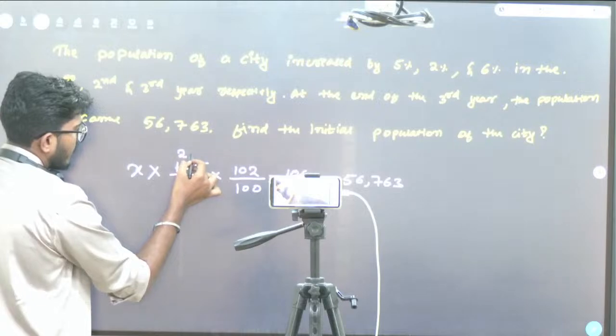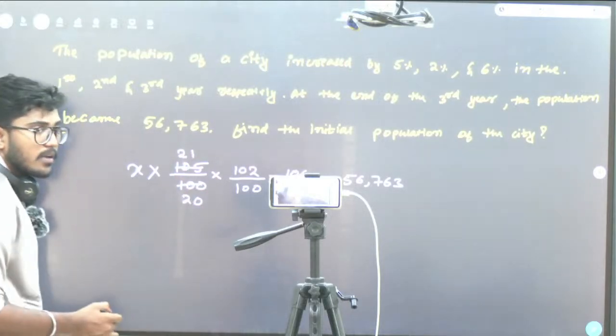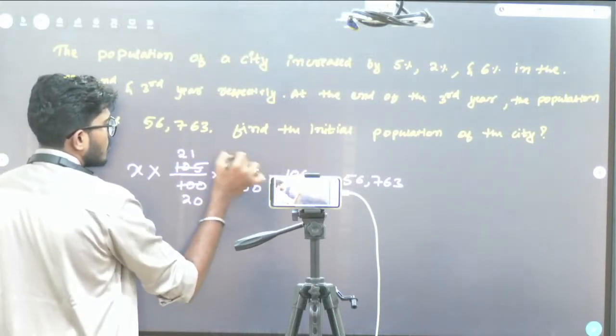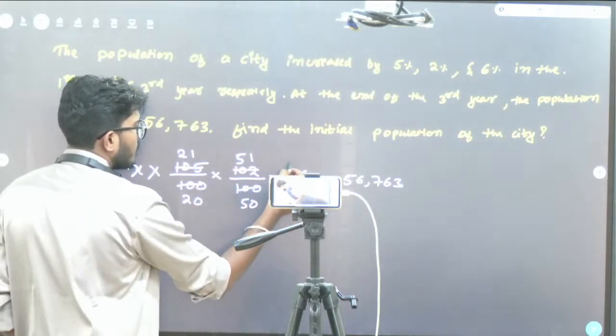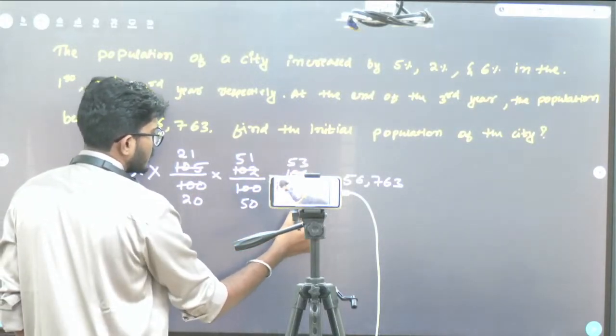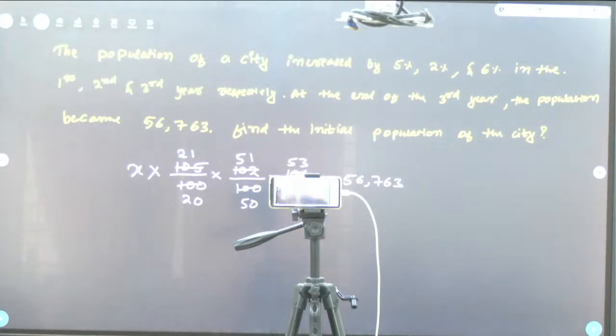5 2s are 10, 5 1s, 5 20s. Correct. Next, 5 2 5s, 2 1s, 2 50s, 2 53s, 2 50s. Cancellation. Cancel that one.